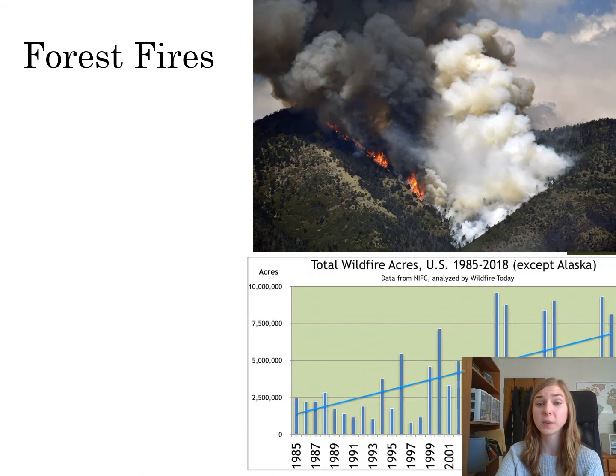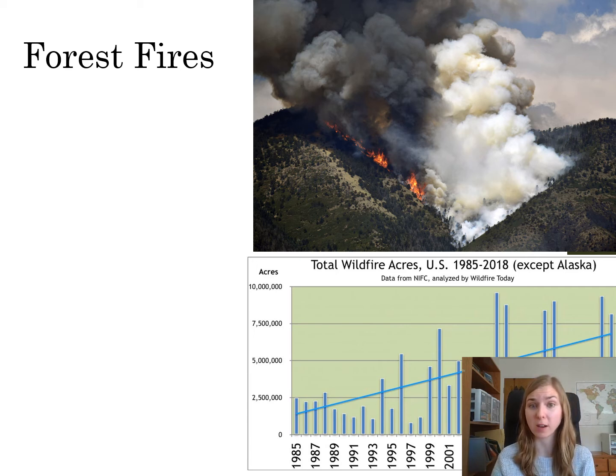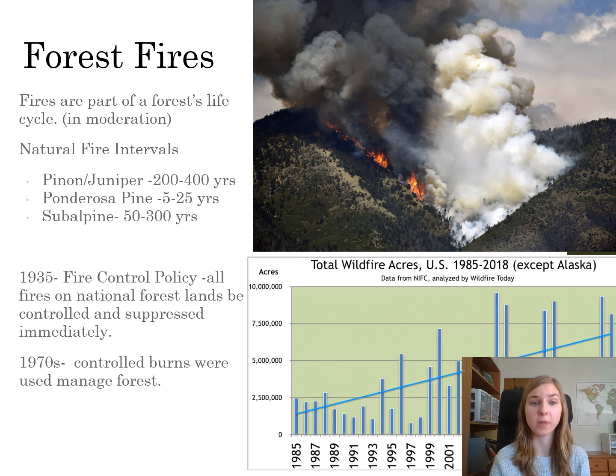We have also seen an increase in forest fires and an increase in their intensity and the destruction they cause. For a long time, we, as humans, suppressed forest fires because we didn't want them to happen. But forests are used to having regular intervals of fire, and we call that their natural fire interval.